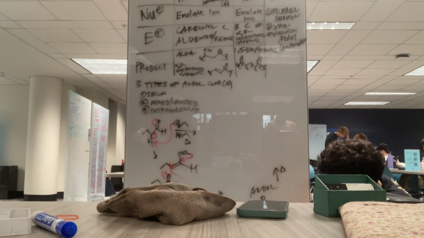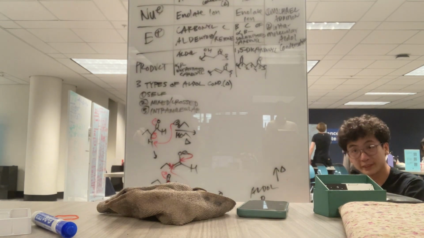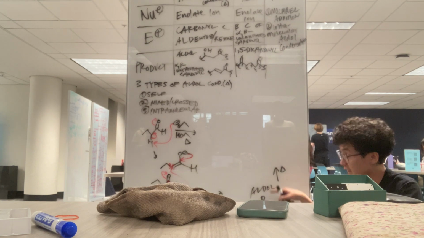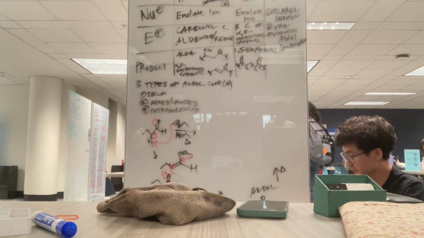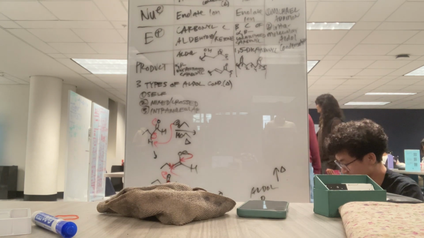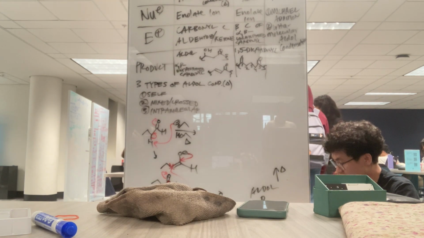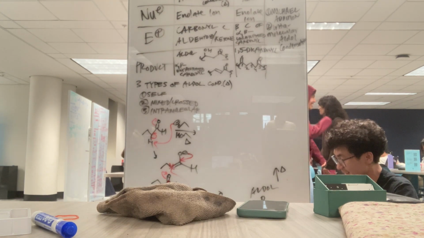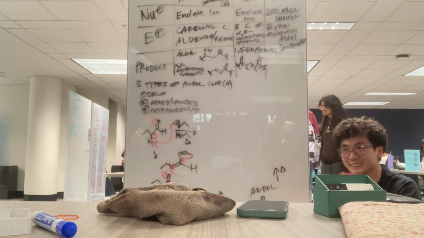This alpha hydrogen is very important for this next step. If it's not there, we stop here, even if we have heat. He tested something like this before, where people tried to make the double bond here and kick out the OH, but there was no hydrogen there, like if there was a methyl group. You would stop there if there's no second alpha hydrogen.